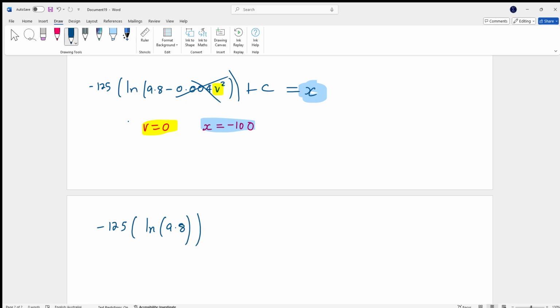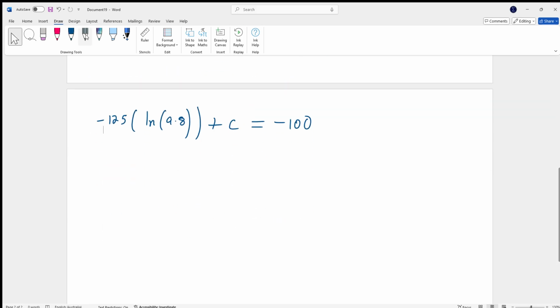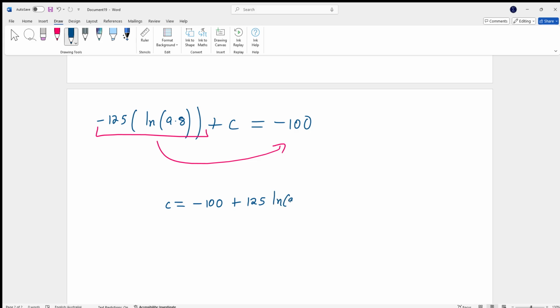Now, I could multiply the negative 125 to the plus c as well, but it won't make any difference because it's still going to be plus c, so I'm just going to write plus c, and then equals negative 100. Now, you want to get the c by itself, so we are going to move this to the other side. So c is equal to negative 100 plus 125 ln of 9.8. That is your c value.